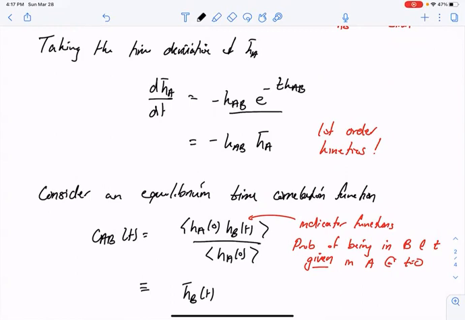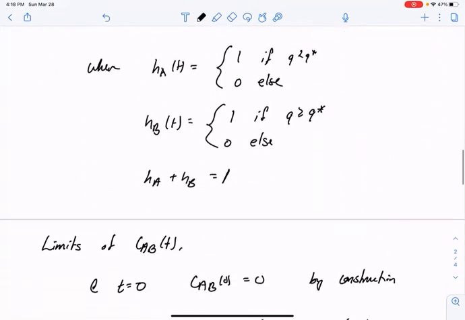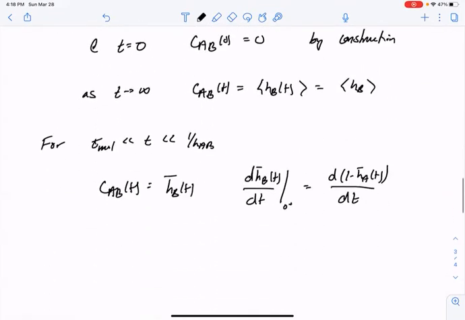That evaluates the exponential to 1, I have a minus from this derivative, so that returns the rate constant KAB.